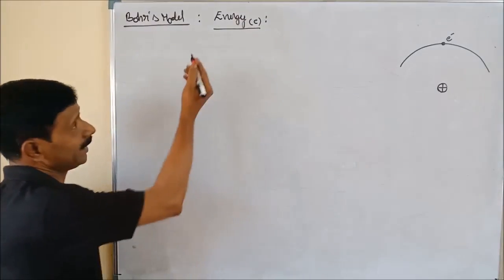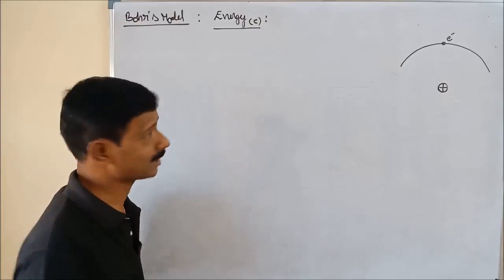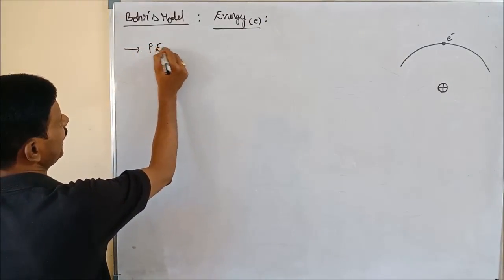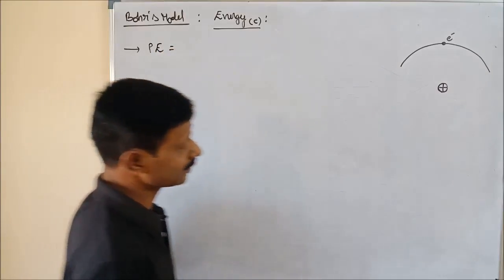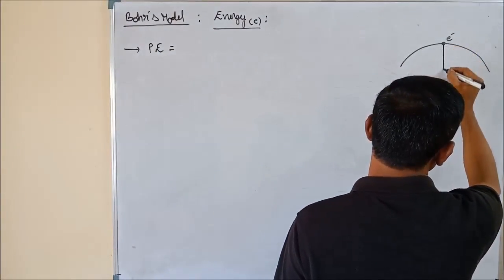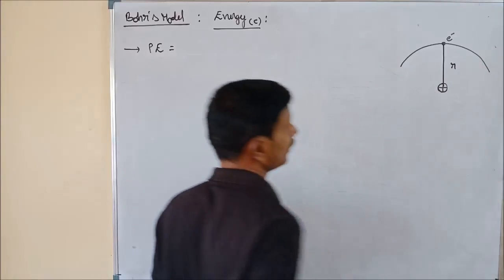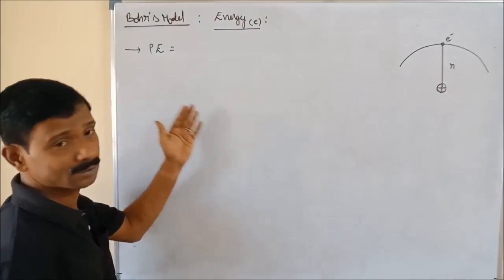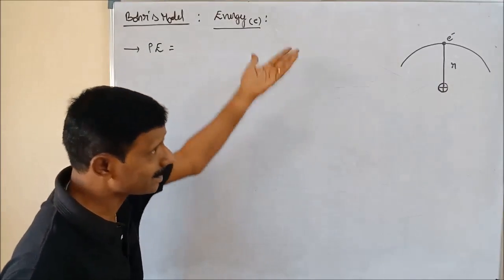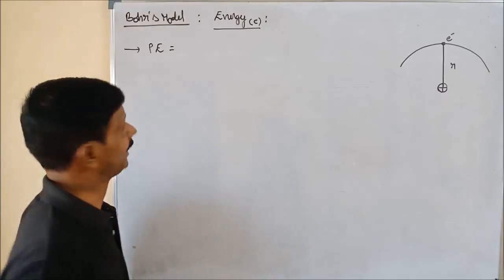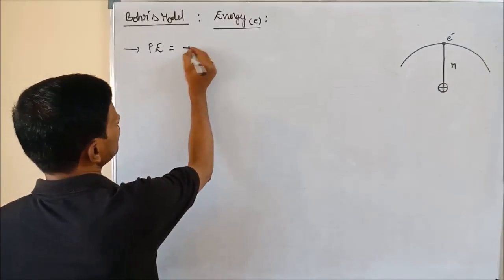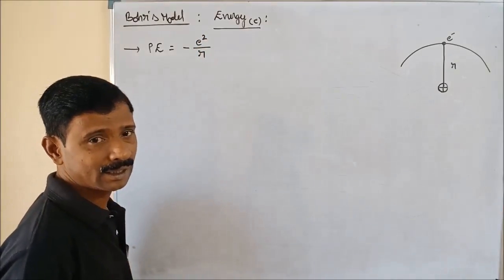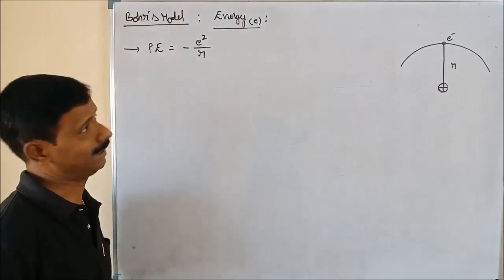So first, while analyzing the total energy of the electron, consider its potential energy. Here r is the radius, the distance between the nucleus and the electron, and the potential energy acts opposite to the force of attraction. So it is nothing but minus e square by r in the case of the hydrogen atom.